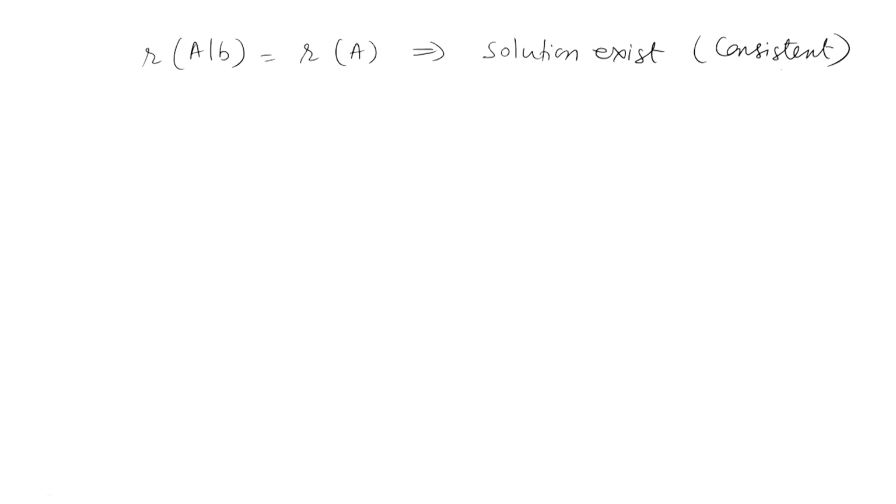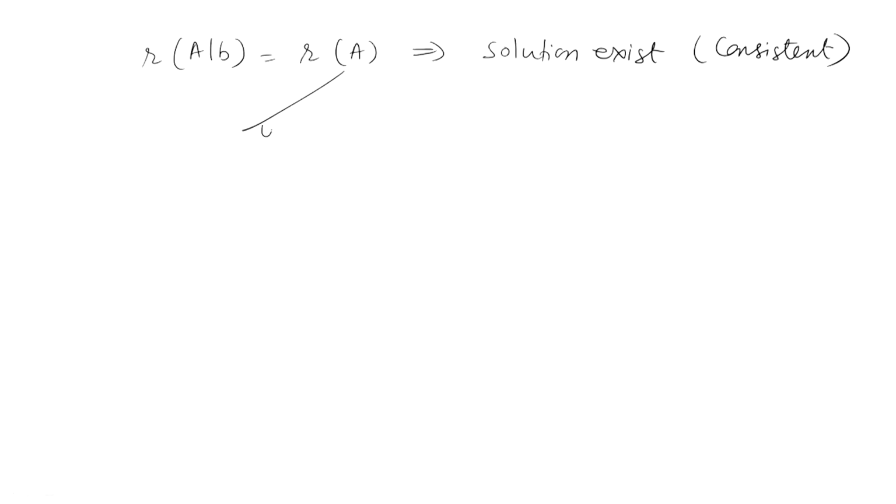Okay. So, we can say that if the rank of the augmented matrix is equal to the rank of A, this implies a solution exists, or the system is consistent. Now, if the system is consistent, there are two possibilities: either it has a unique solution or it has infinitely many solutions. When will it have a unique solution?